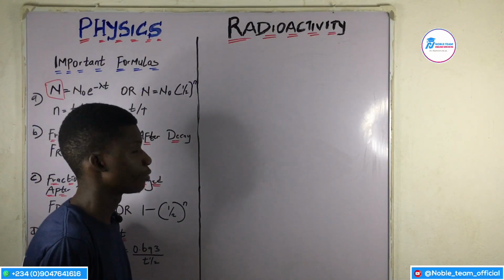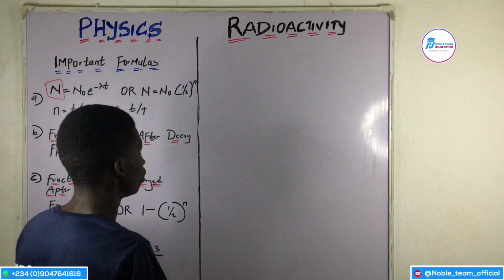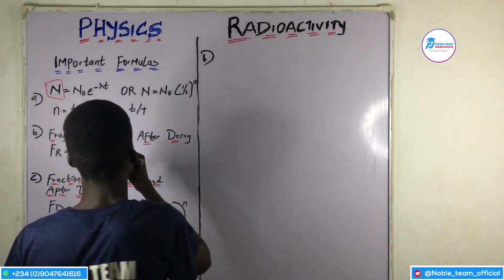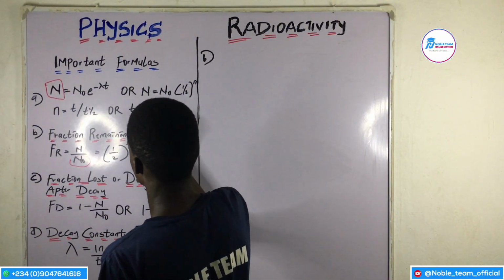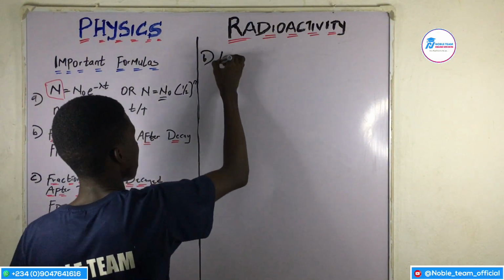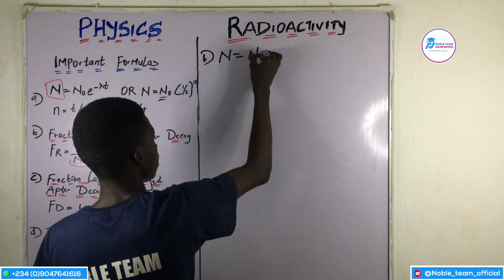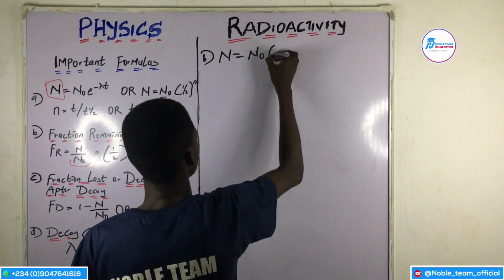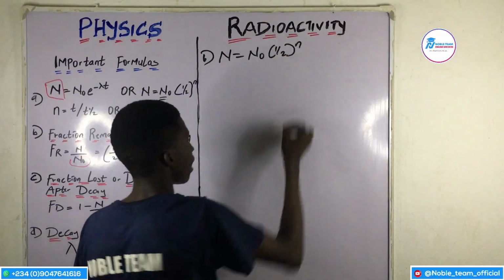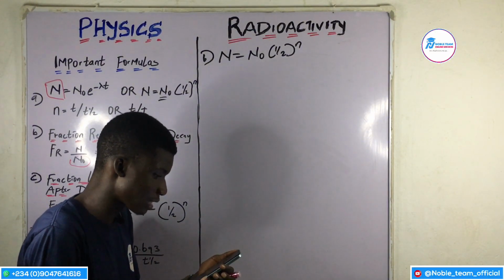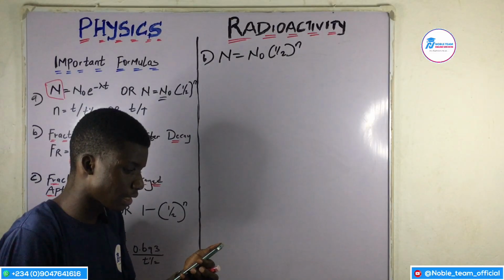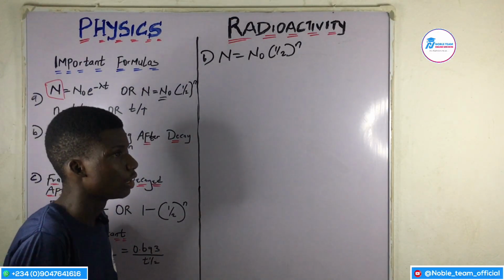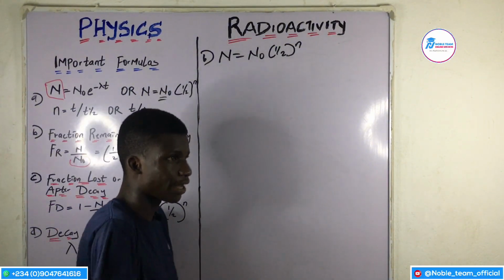Pay maximum attention because we are gradually increasing the difficulty. Which formula are we going to use? We will use this formula, where N is equal to N original times 1/2 to the power n. In this question, they said the artifact has 1/8 the amount of a fresh sample. So that 1/8 needs to be converted to half-lives.